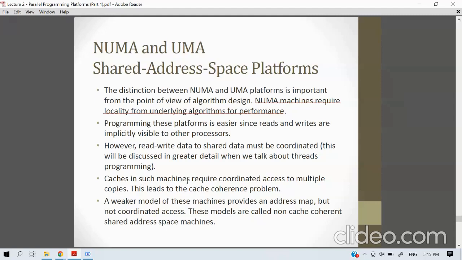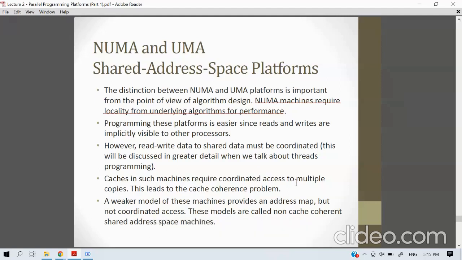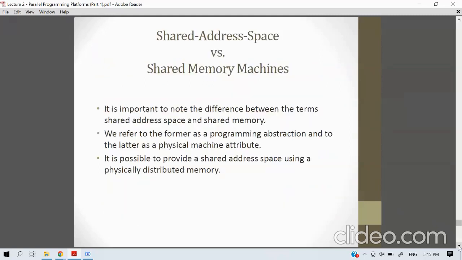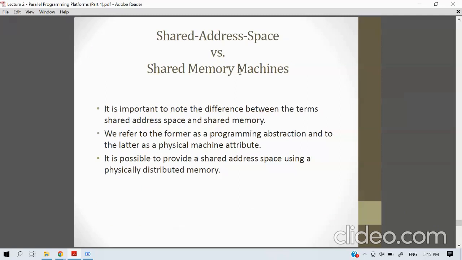Caches in such machines require coordinated access to multiple copies. So the cache also needs to be coordinated to ensure it can implement concurrent or parallel processing. A weaker model of these machines provides an address map but not coordinated access. These models are called non-cache coherent shared address space machines. Now we look at the difference between shared address space and shared memory machine.